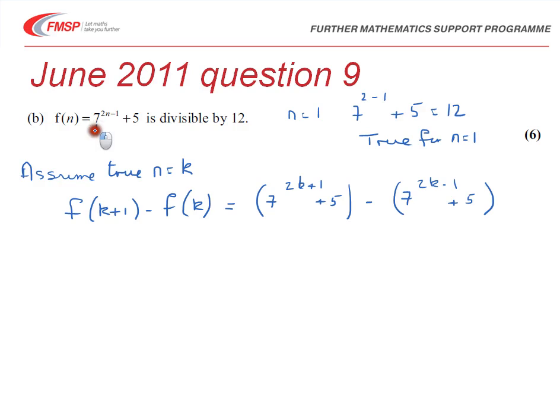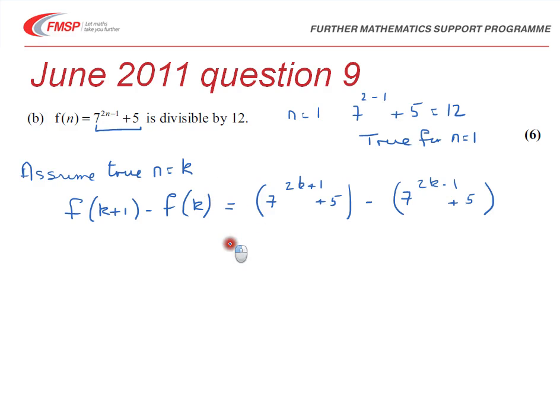So that's our formula there. Putting in k plus 1 into there, 2 times k plus 1 minus 1 is 2k plus 1. And 2k substituted into here gives us 2k minus 1.